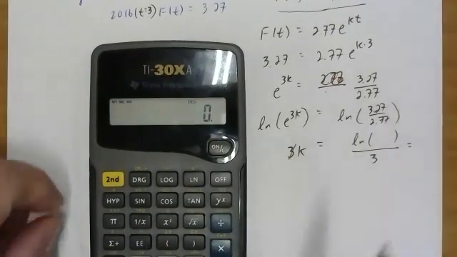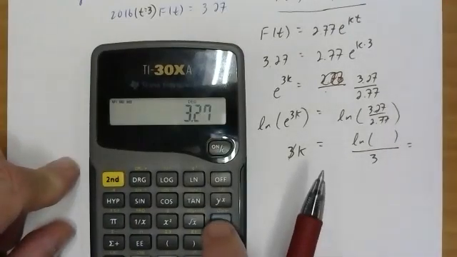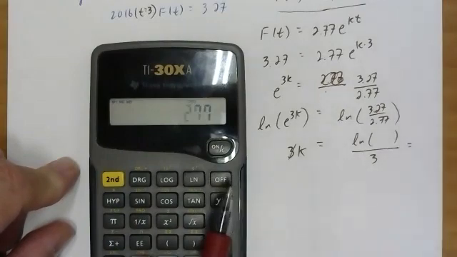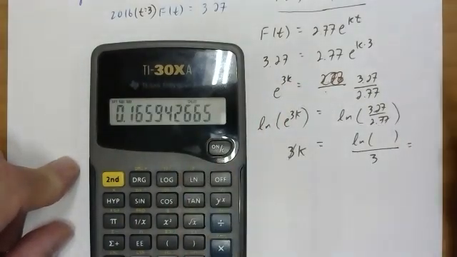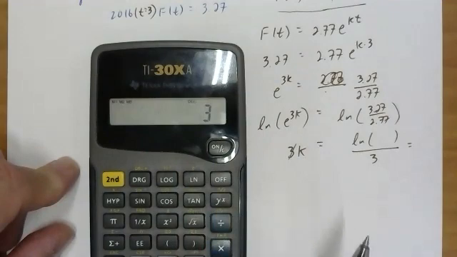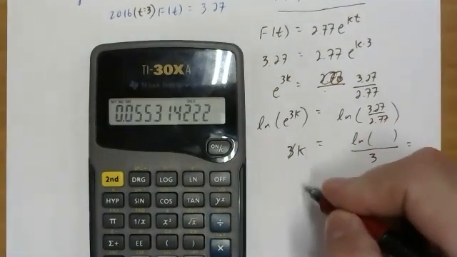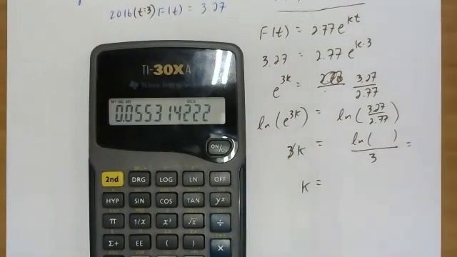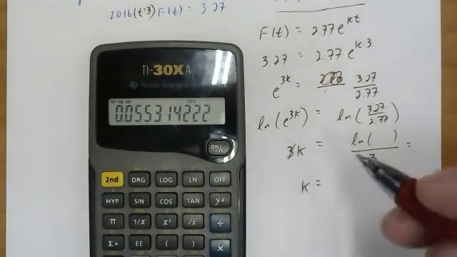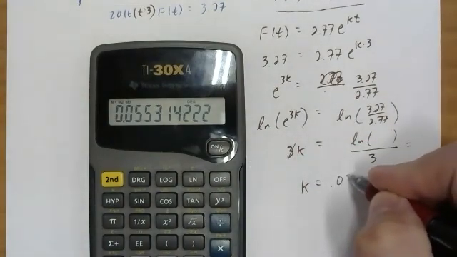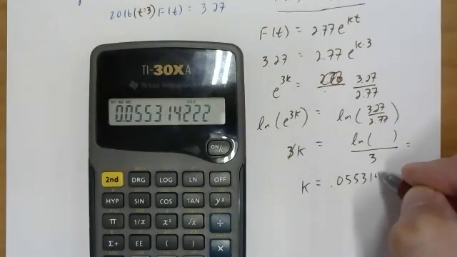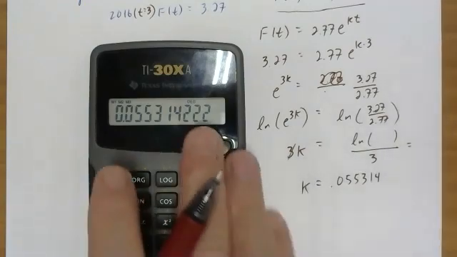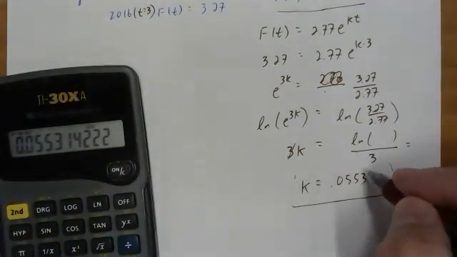So I'm going to take 3.27 divided by 2.77, equals. Now I'm going to take the natural log of this whole thing and then divide it by 3. For some crazy reason in this problem, they want to know k up to 6 decimal places, which is sort of crazy. So it's 1, 2, 3, 4, 5, 6. So there's k.